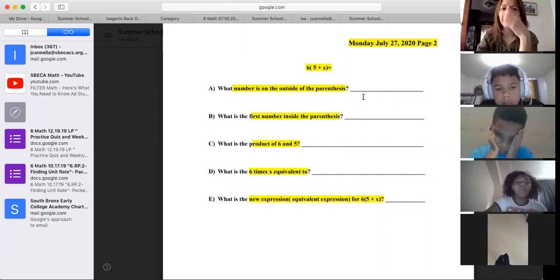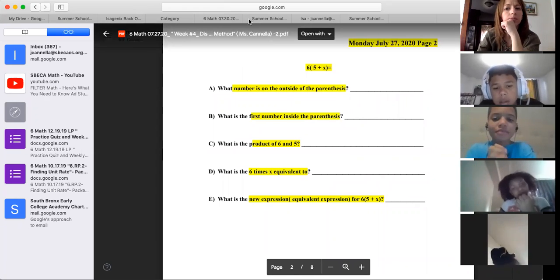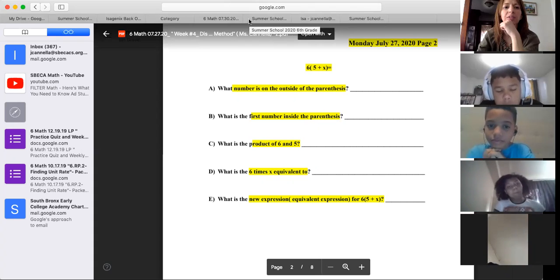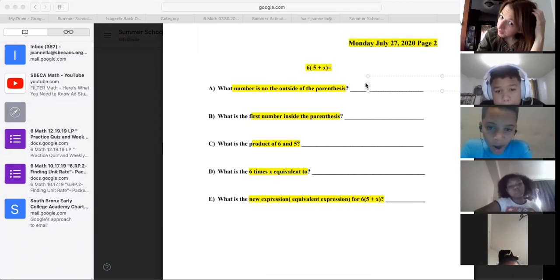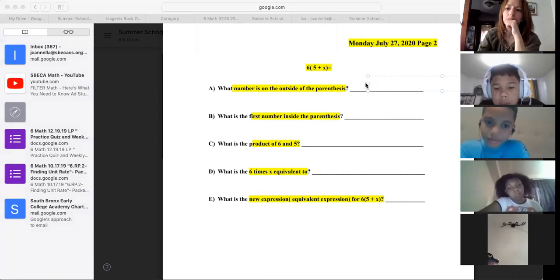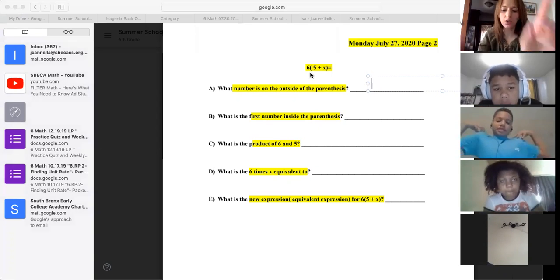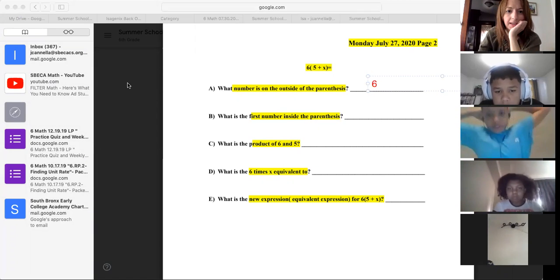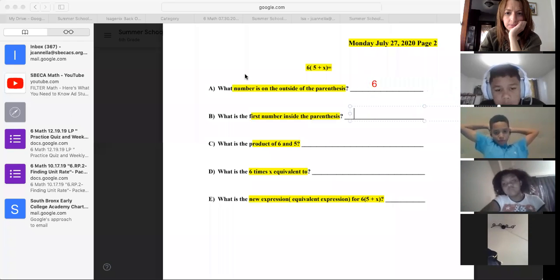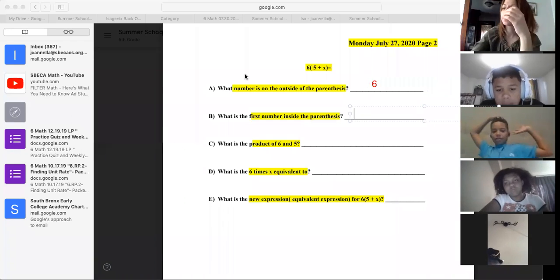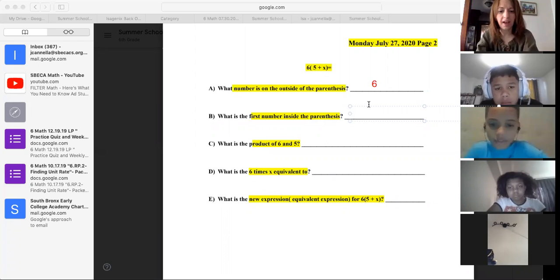Good, let's read letter A. What number, ¿qué número, is on the outside of the parentheses? What number is outside that little bracket thing? Good, 6. Letter B. What is the first number inside the parentheses? 5. Good, 5.